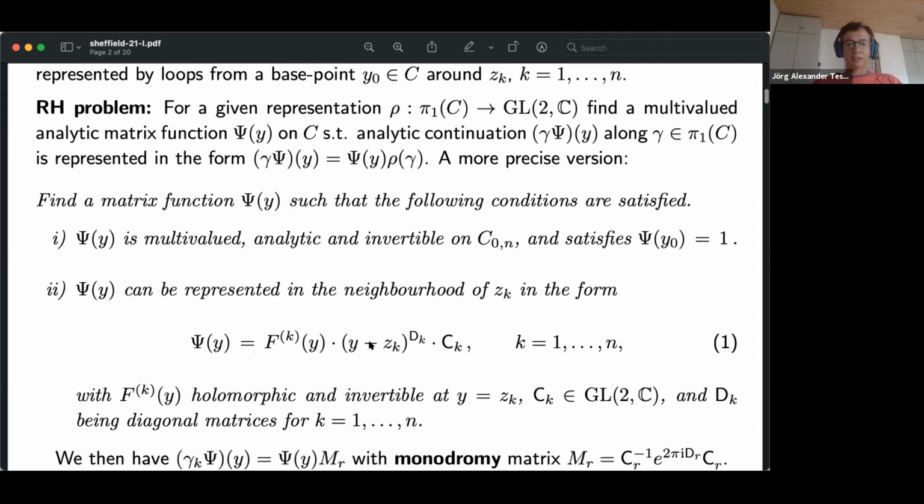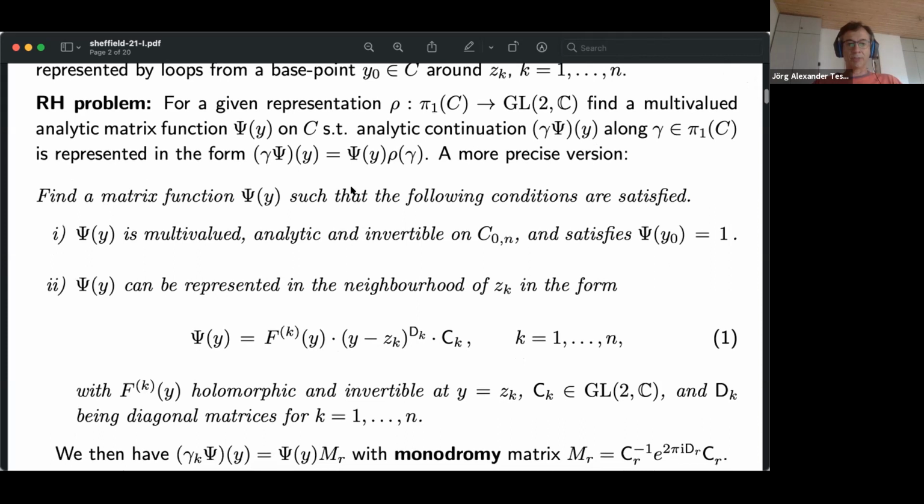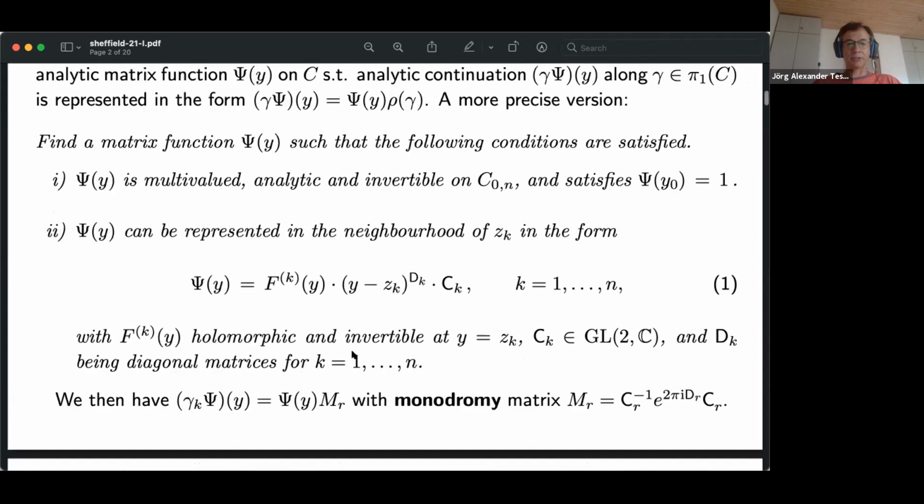And secondly, there's a condition that basically implies this condition of fixing monodromies, as we will see in a second, that the psi of y near each of these points where it is allowed to be singular has a relatively simple singular behavior of what is called regular type. So there is here some diagonal matrix which tells us how the different matrix elements are allowed to diverge basically when y, which is the argument here, approaches one of the points ck.